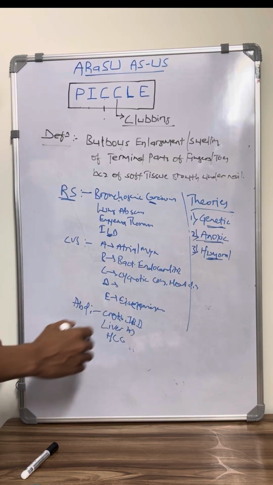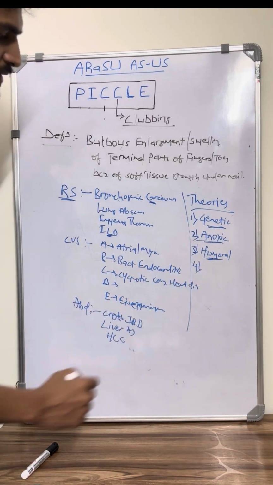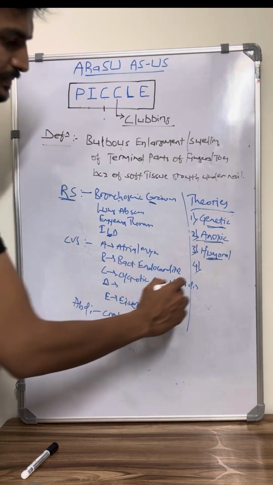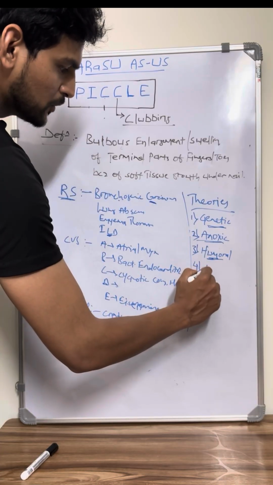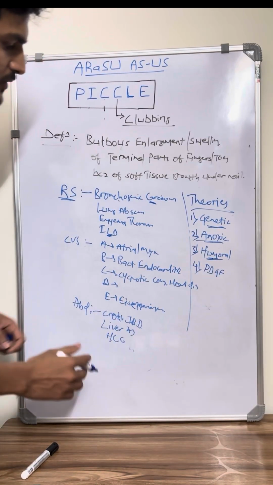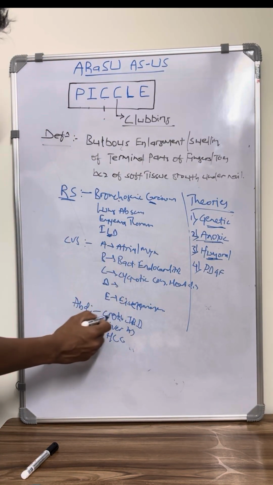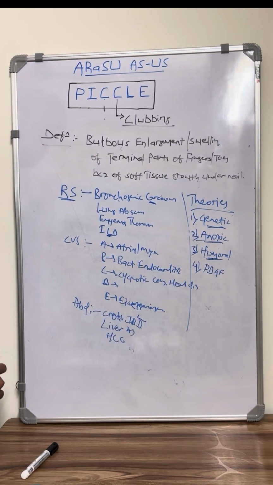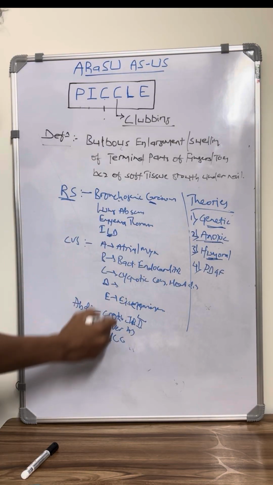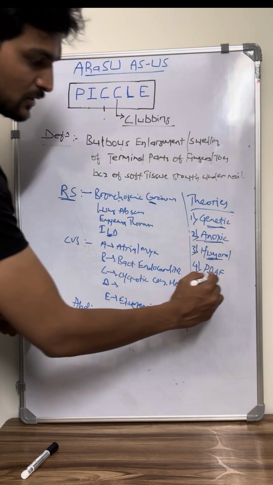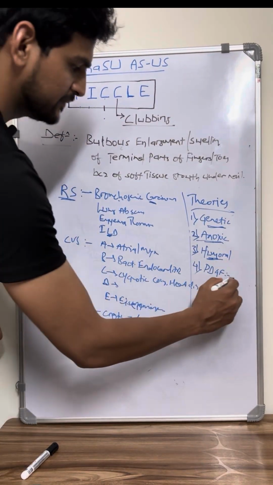That is the humoral theory. Then one more, a recent, newly accepted one, is about PDGF. In some inflammatory conditions, for example inflammatory bowel disease, there will be release of cytokines.